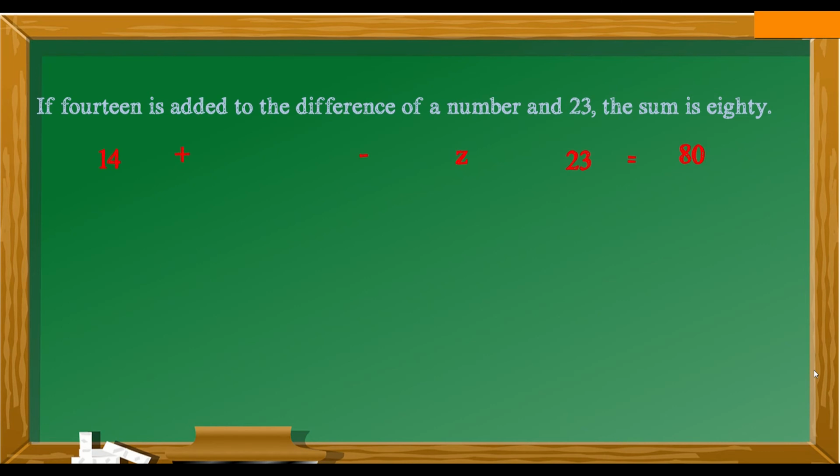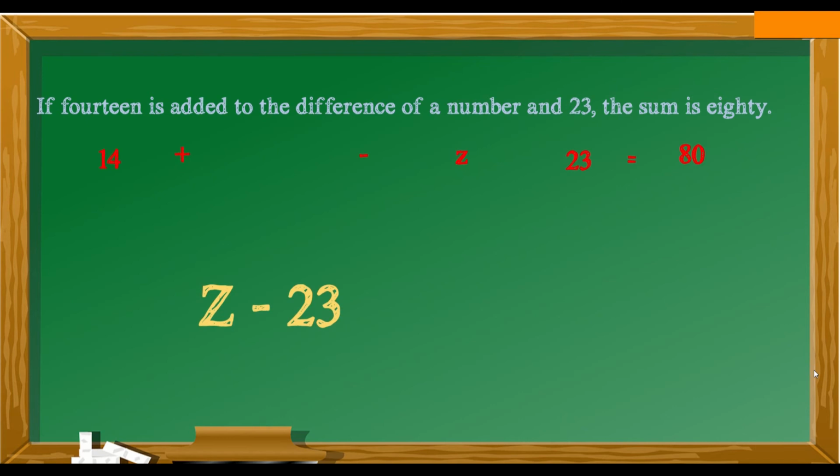So we need to rearrange this according to what the sentence is telling us. The sentence tells us if 14 is added to the difference of a number and 23. This means that we need to find first the difference of a number and 23. So this is Z minus 23.